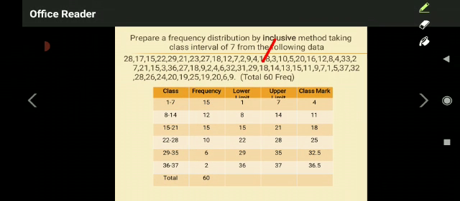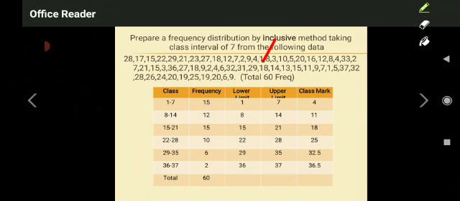So if it is 1, the class interval will begin with 1 to 7. 1 is the lowest observation, 7 is what is given in the question paper. Okay, 1 to 7. So your class interval begins. Here they have mentioned very clearly in the question: inclusive method you have to follow. Not exclusive, not unequal.